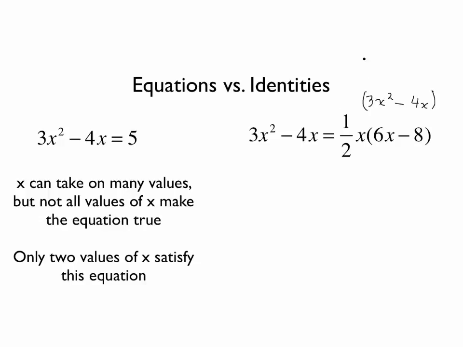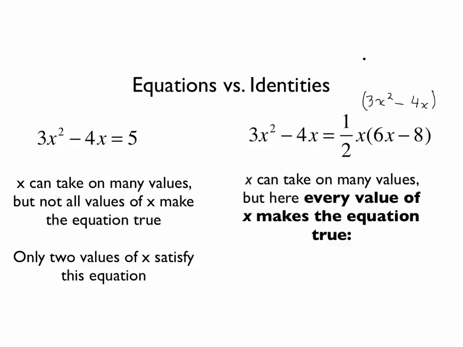So you notice that it's the same thing as the left. So now x can take on many values. Which values of x make it true? All of them, right? Why? Because every value of x makes this true. Because both are essentially 3x squared minus 4x. Both sides are essentially different forms of the same expression.